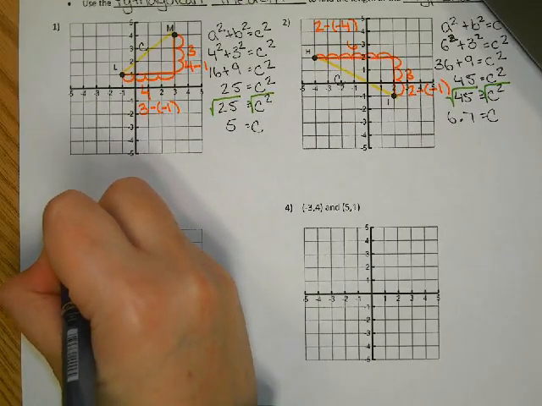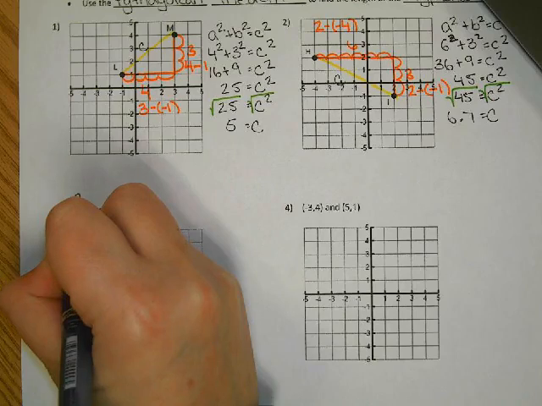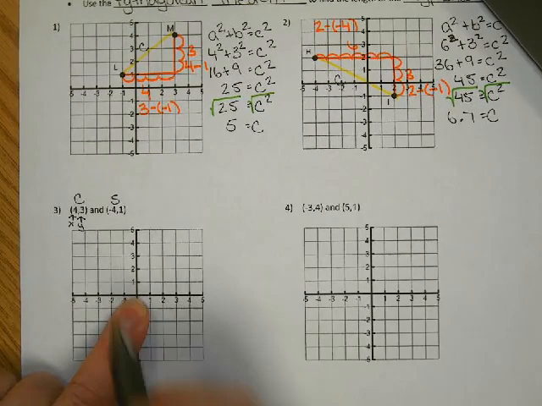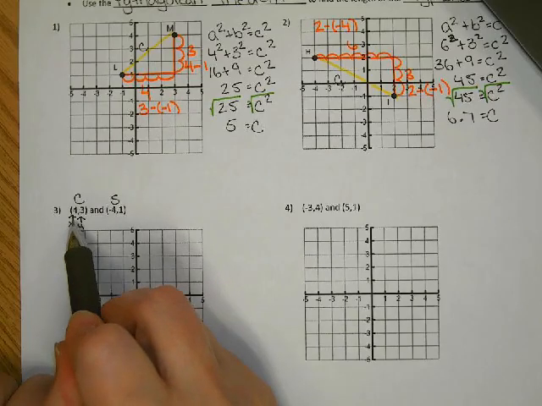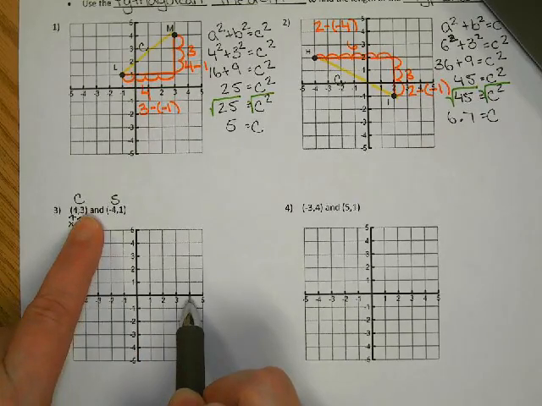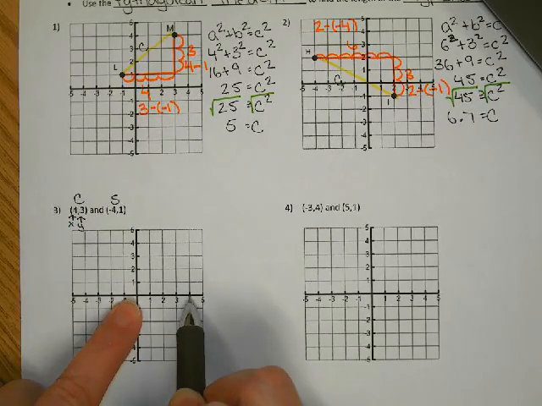So this is your X, and this is your Y. You start at the center, and this says you move to positive 4 on the X, and up to a positive 3 in the Y direction, so up 3.